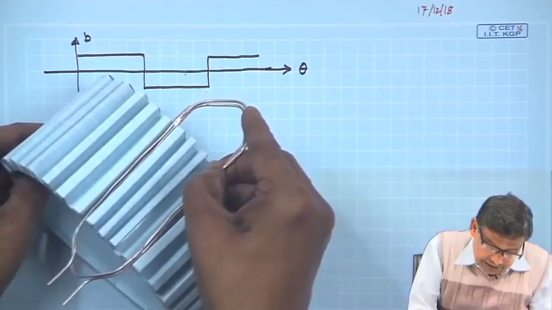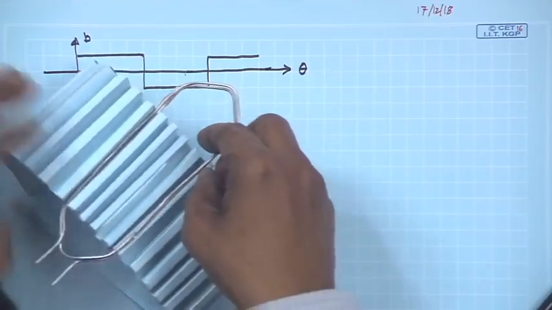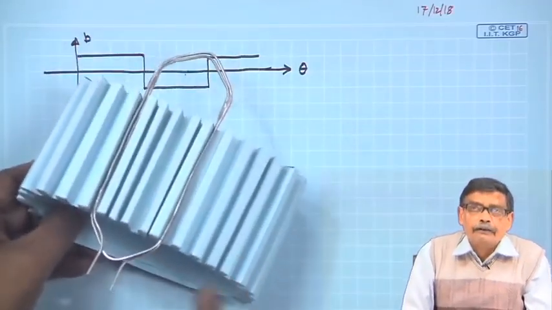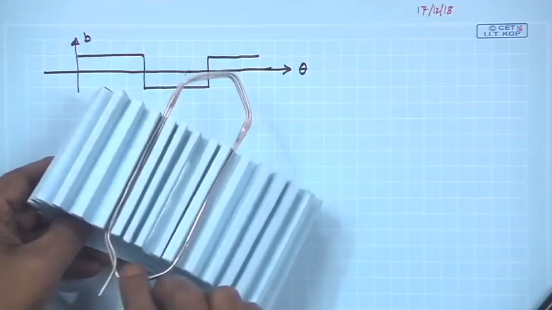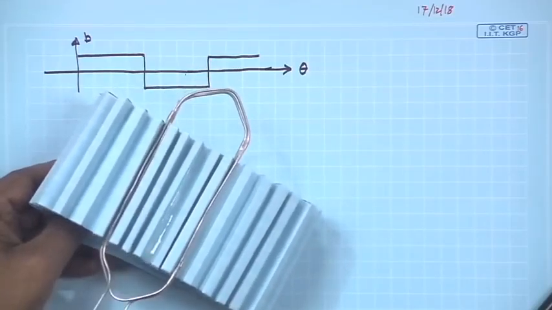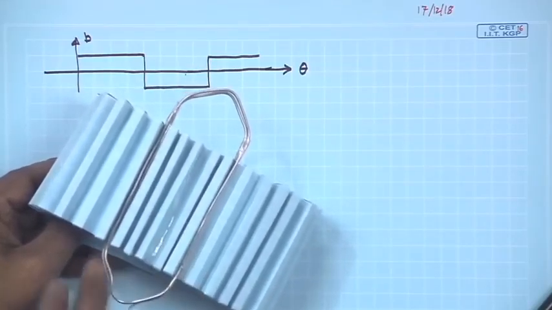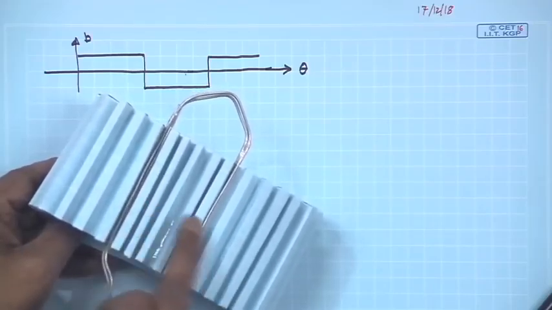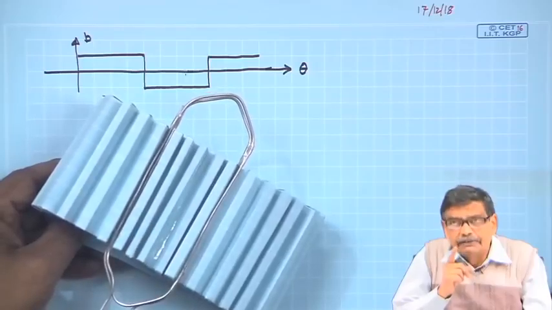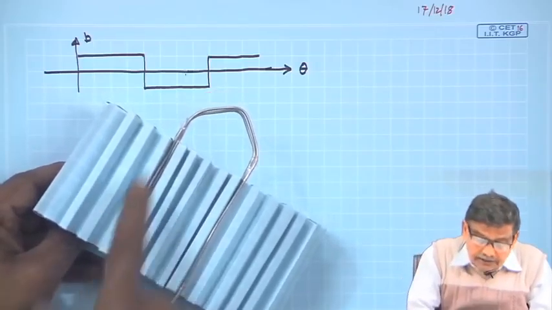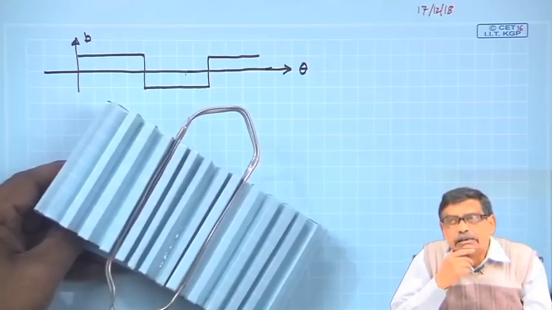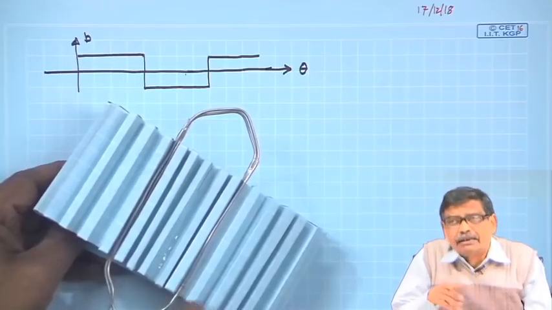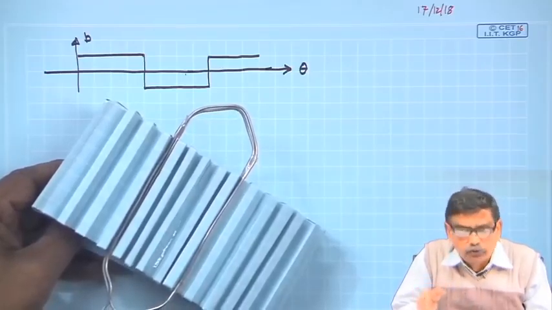This is one coil side, it will be placed here, and another coil side will be placed in a particular slot. I indicated that the coil span, the difference in distance between the two coil sides, should be such that if one coil side at any given time is under the center of the north pole, the other coil side is under the center of the south pole.